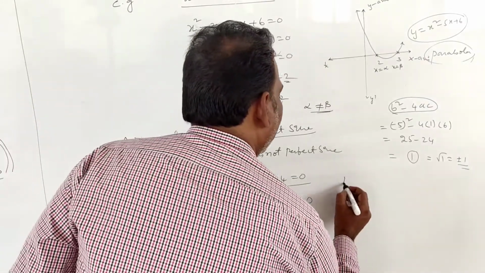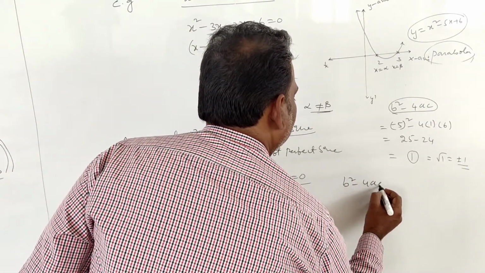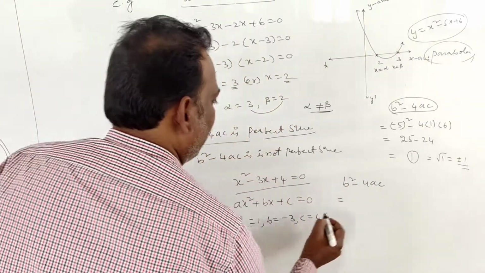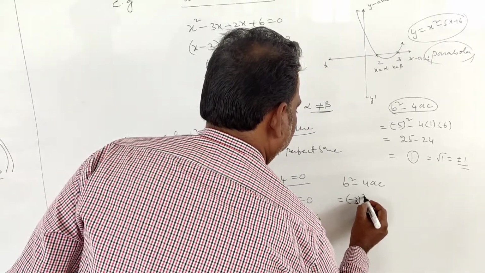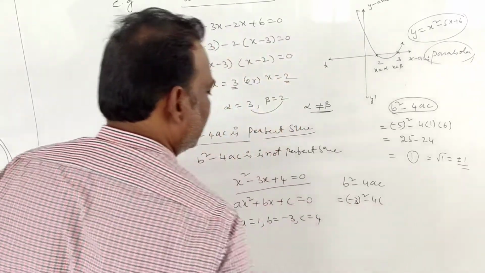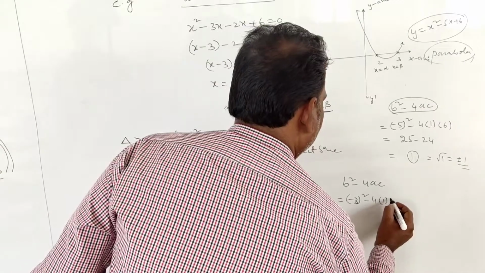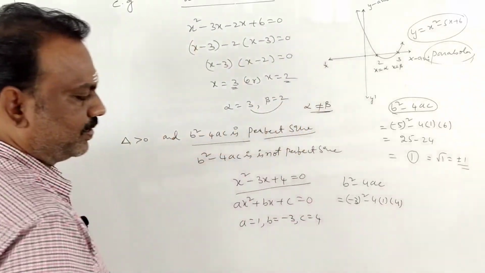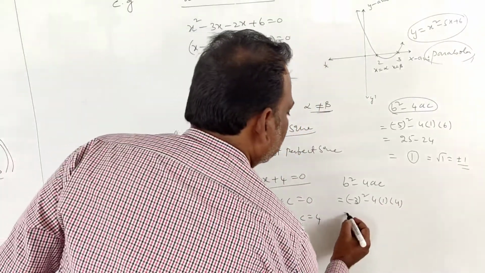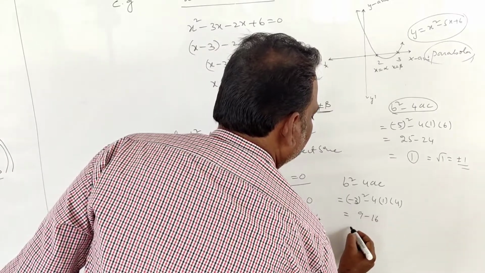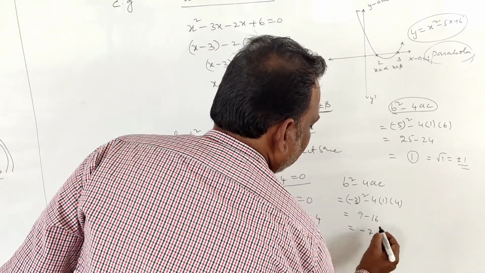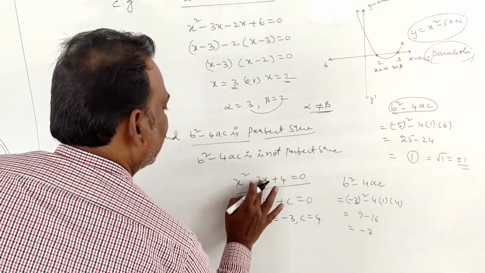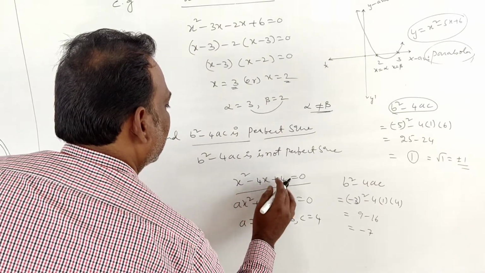Now we have to calculate b square minus 4ac. What is b square here? Minus 3 whole square minus 4 into a value 1 and c value 4. So this is 9 minus 16. What will you get? Minus 7.